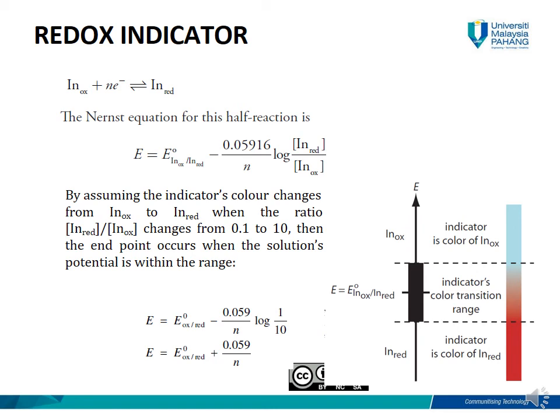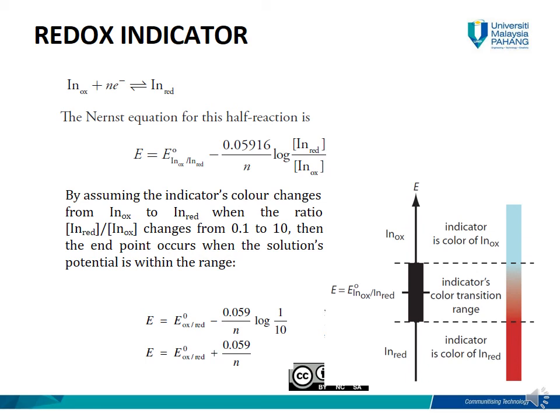Okay, now let's look at the redox indicator. Basically, any indicator that can be used in a redox reaction also can be used like the ones that you use in acid-base titration and complexometric titration. It can be any, so you don't have to worry about what type of indicator you will use in the redox reaction, because in acid-base titration and also in complexometric titration, electrons are transferred. In any process, there must be electron transfer.